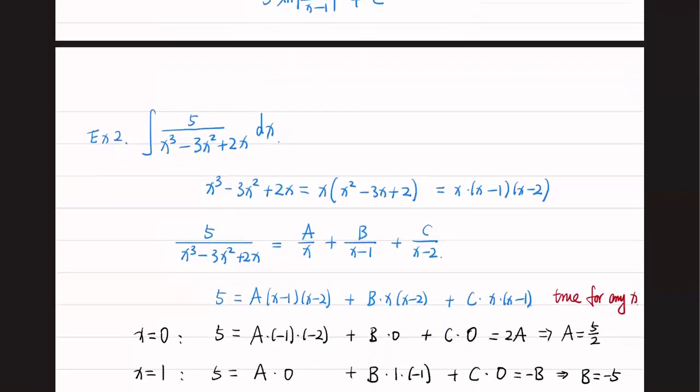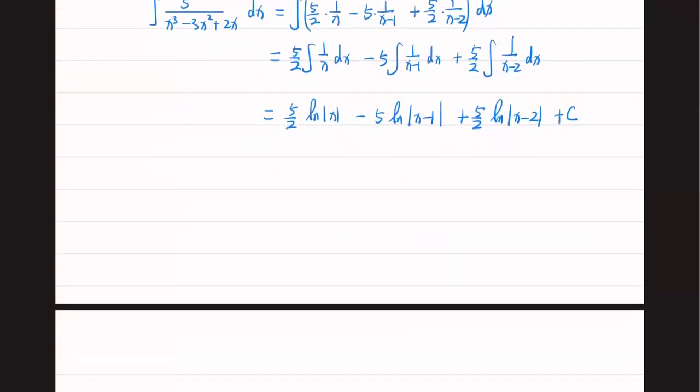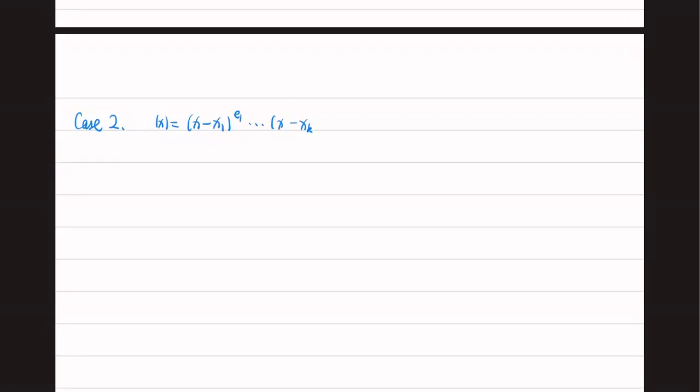The second case, we allow some repeated factors, but no quadratic ones yet. Starting more general. That's Q, should be f of x.